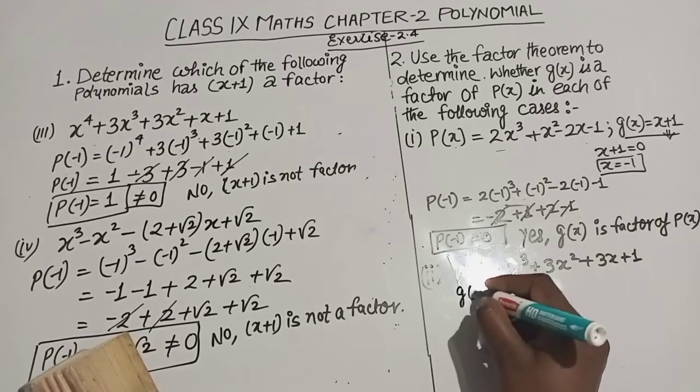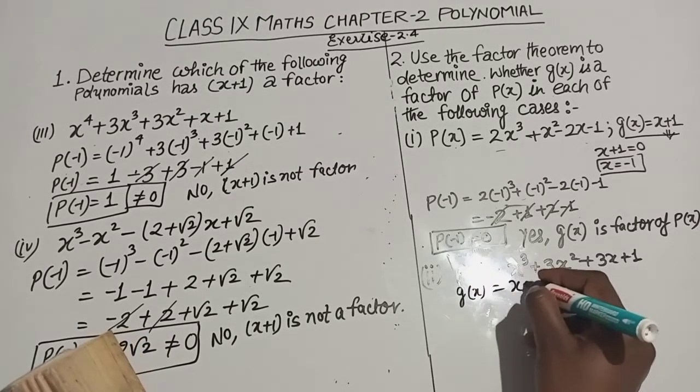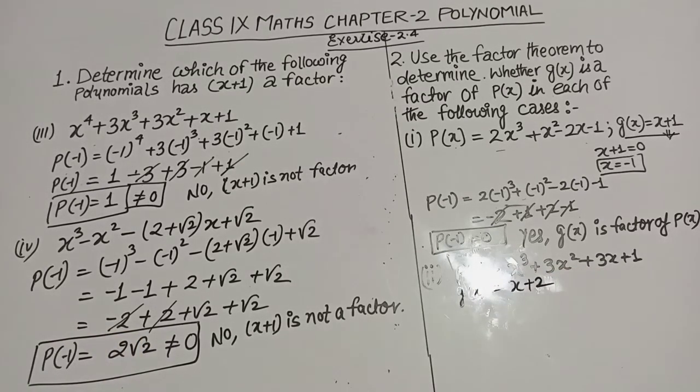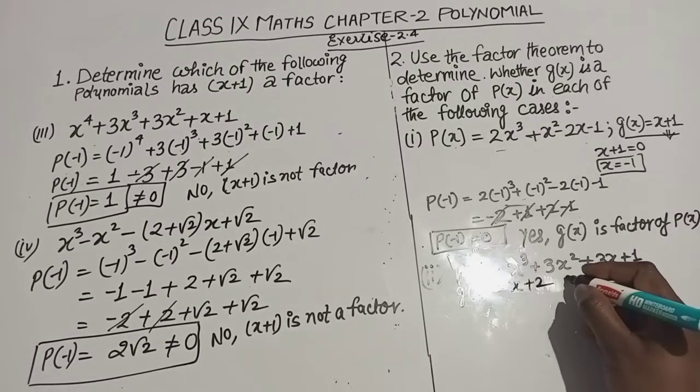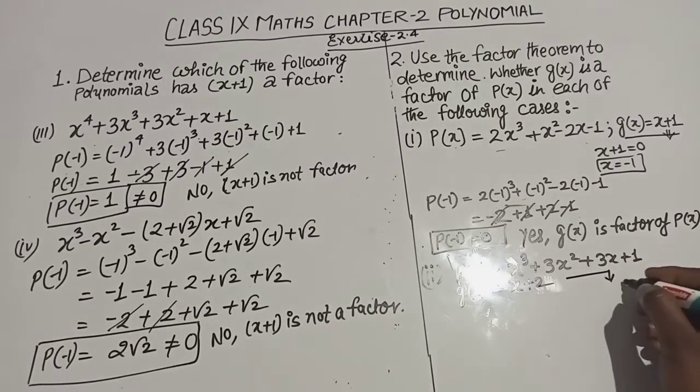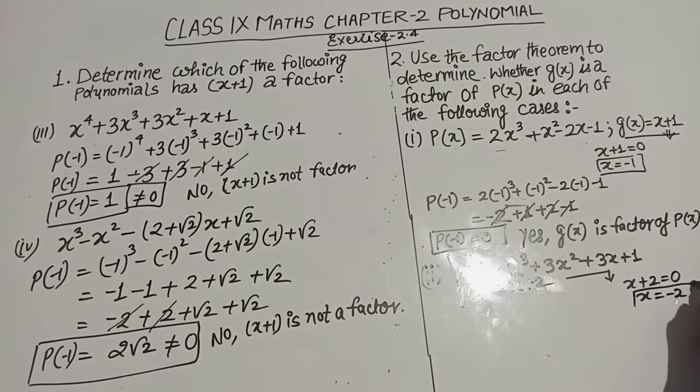Again you will do this. x plus 2 is equal to 0, so x is equal to minus 2.